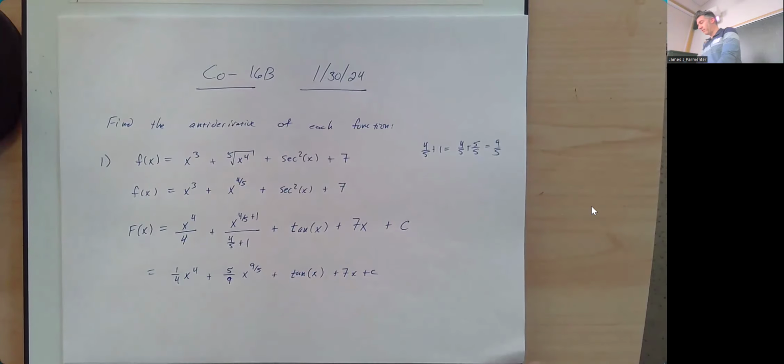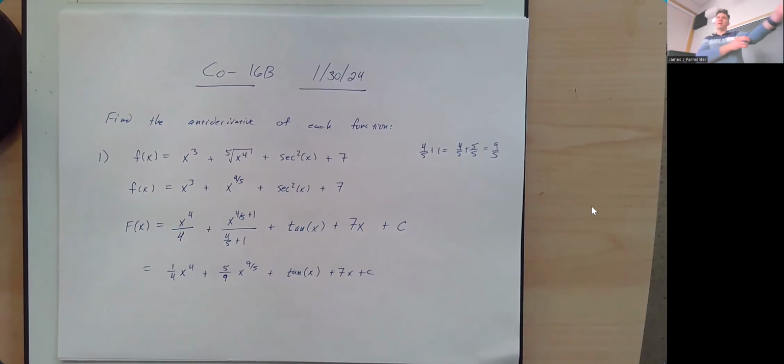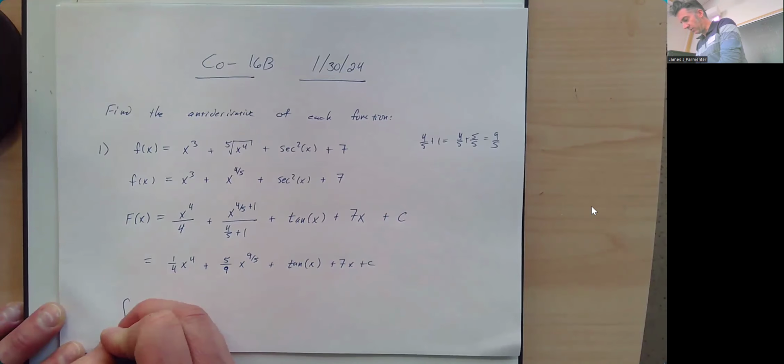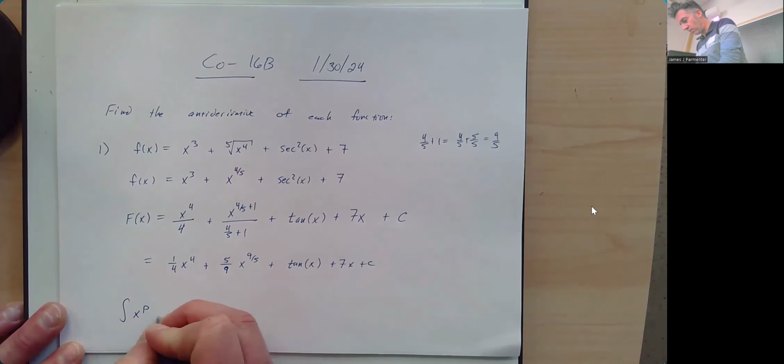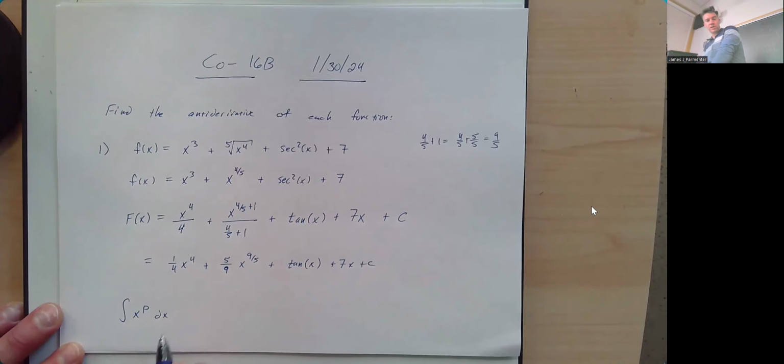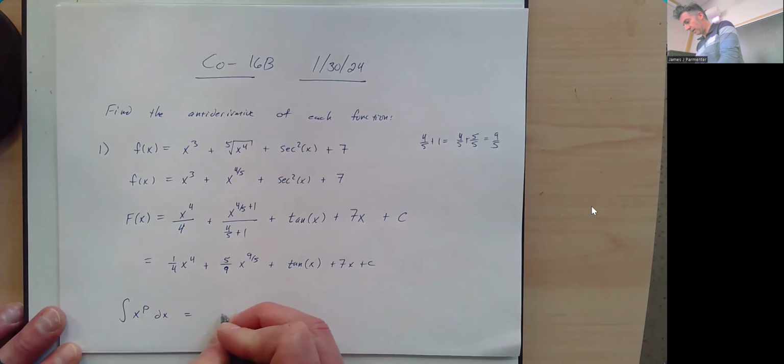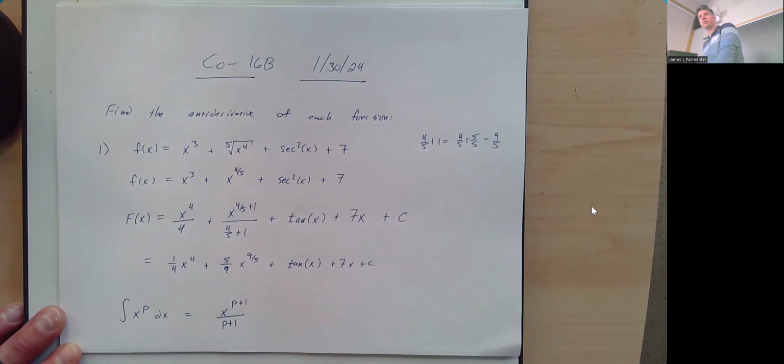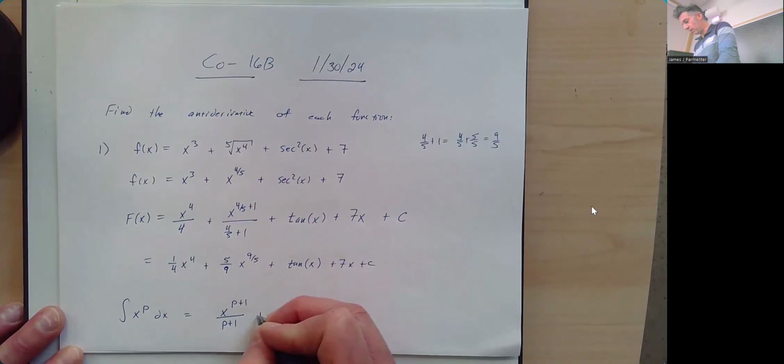So just as a reminder, even though I know we talked about it a while ago, because then we did midterm review, but I think he's probably talked about it in class. The antiderivative of x to a power, written using the integral notation here, is x to that power plus 1 divided by that new power plus 1 plus a constant.